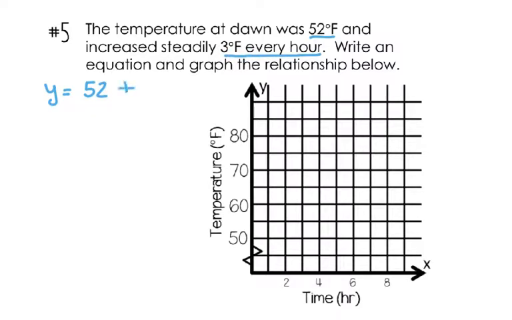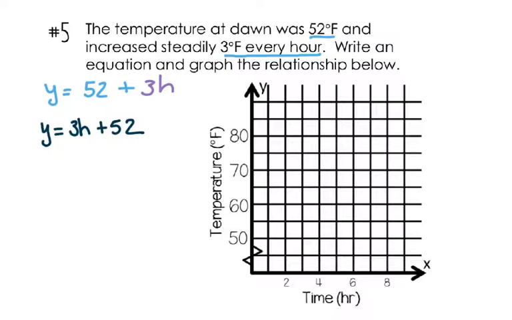So it's increasing, so that's plus. And then it would be 3. I'm just going to make it an H for hour. Okay, so we can rewrite it so it's in the form that we're used to. Okay, the commutative property says I can move that around.